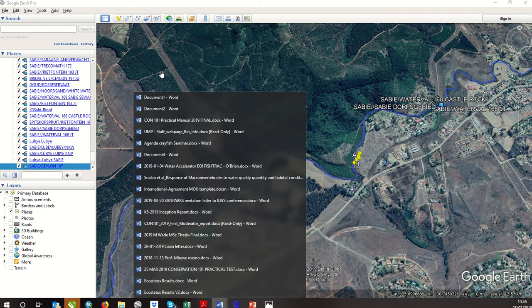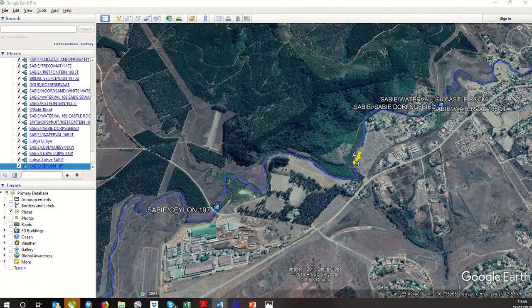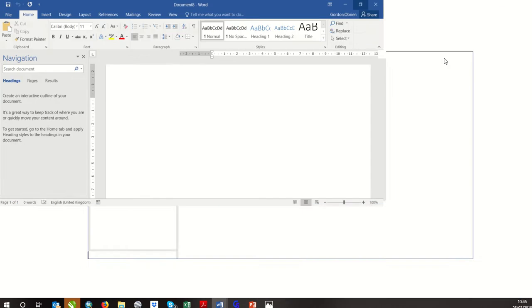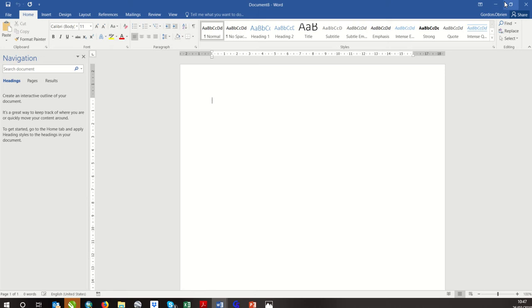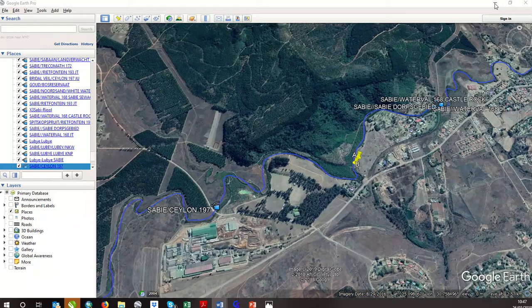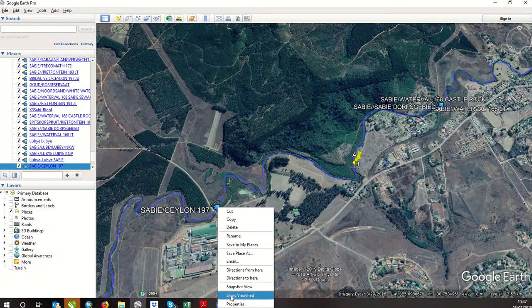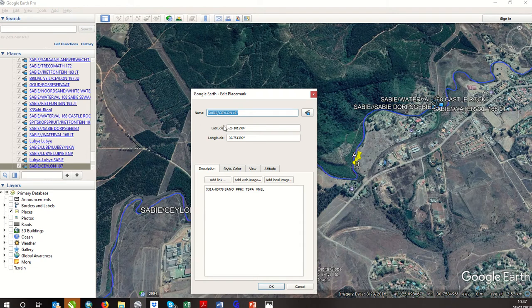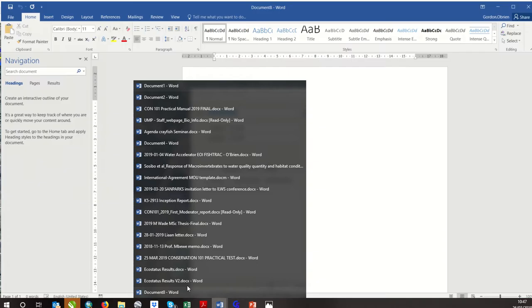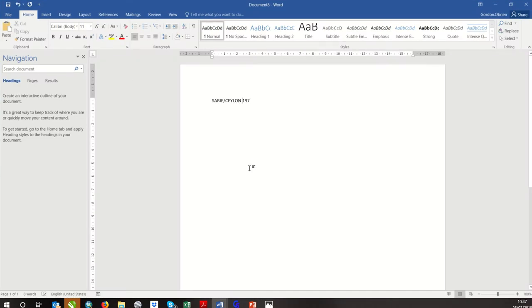Okay, so the first thing I want to do now is start taking notes. File, new. Okay, the first thing I'm going to do is get the properties, right click there, and say this assessment. They collected B. ano, V. now, and what was the last one they collected there?